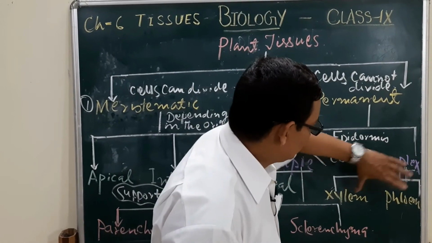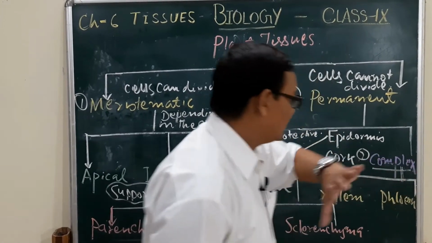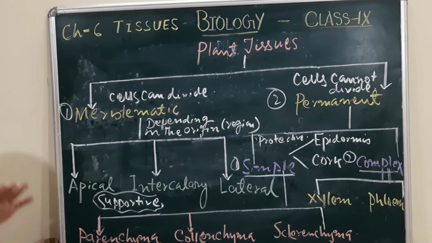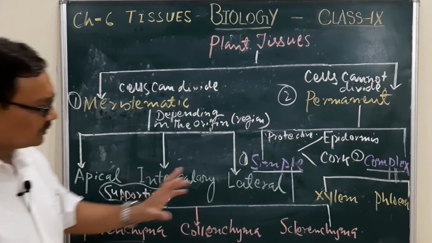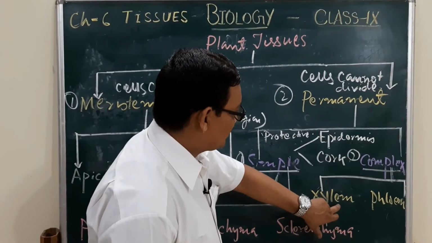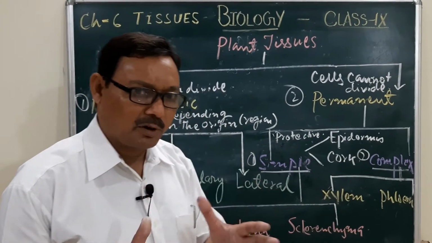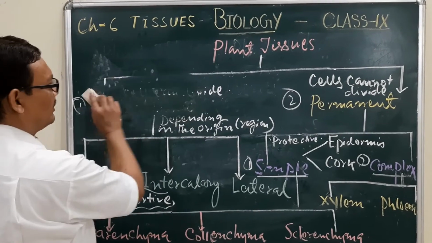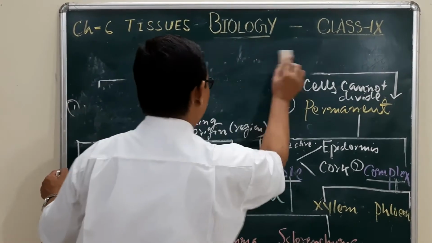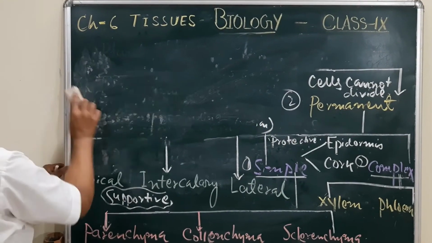This complex tissue is mainly related with the function of transportation in the plant body. The transportation system has two different purposes.